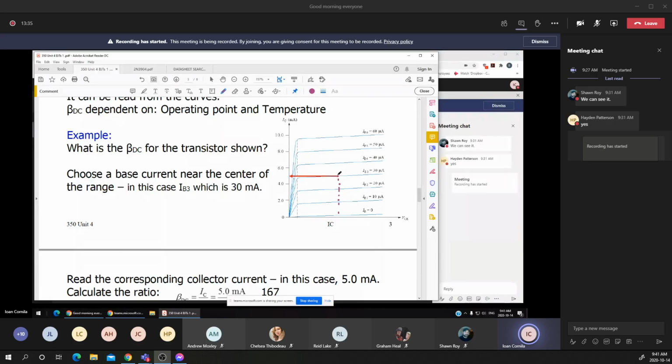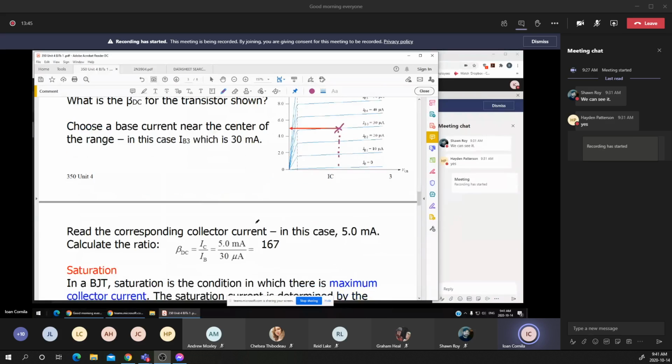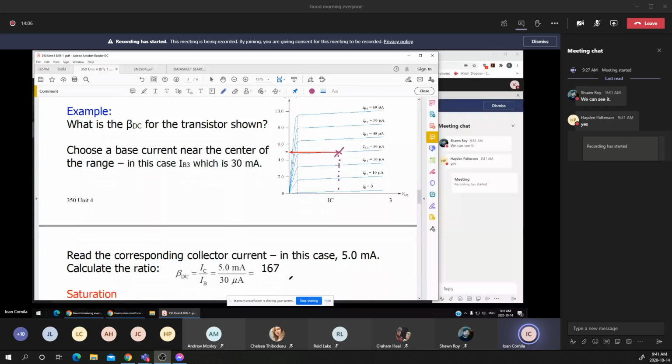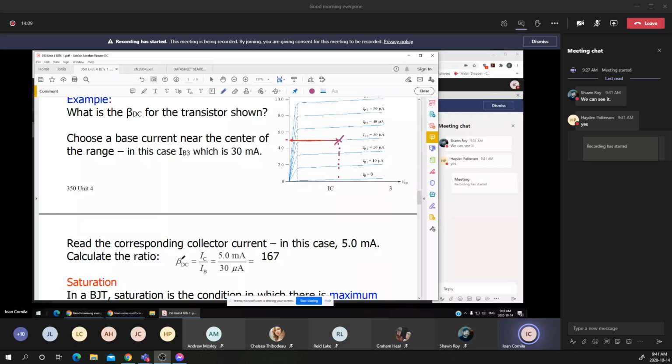We can see that for a chosen base current, in this example I chose 30 microamps, the projection of the current on the y-axis is the IC, probably 5 milliamps at this point. Knowing the base current as 30 microamps, we can determine the beta DC.